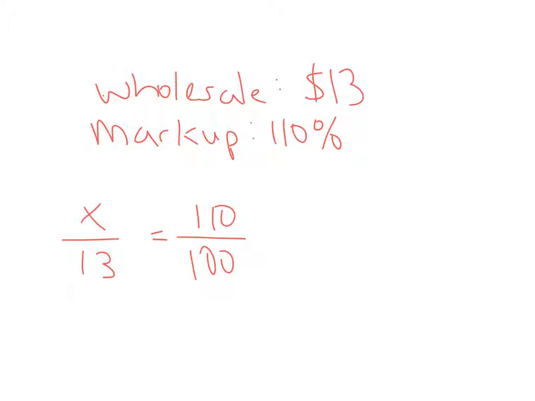When we solve it, we end up with 14.3, or $14.30. Then we've got to add that to the initial price again, so it's going to end up being $27.30. That is the price after markup. The retail price is what we would call that.